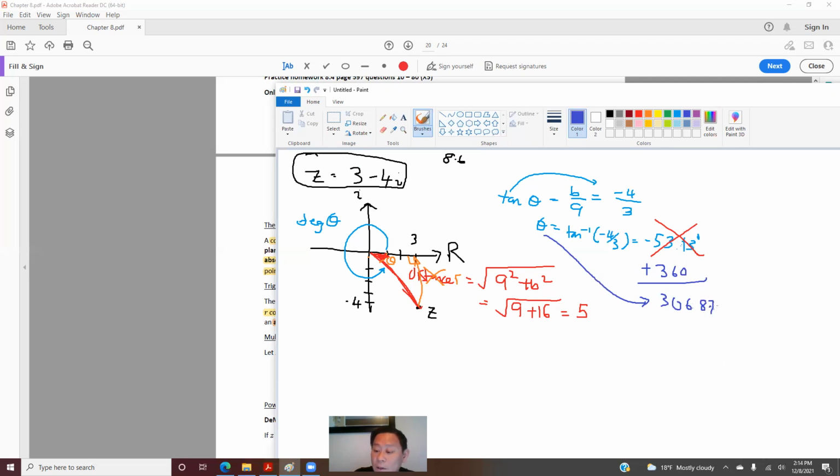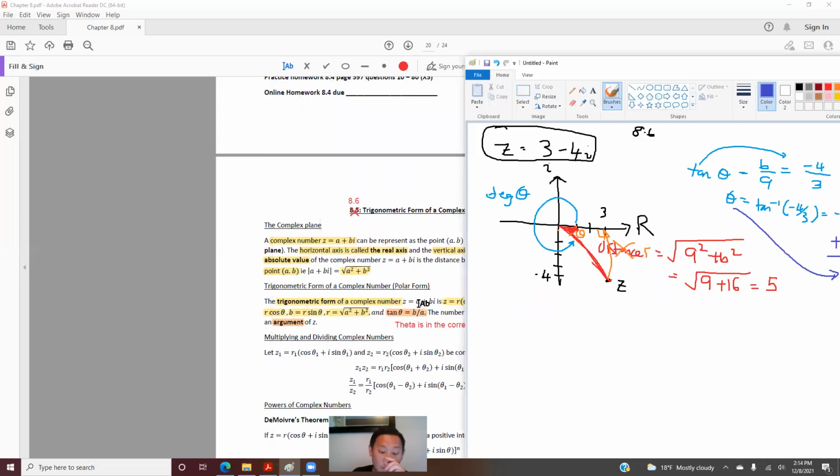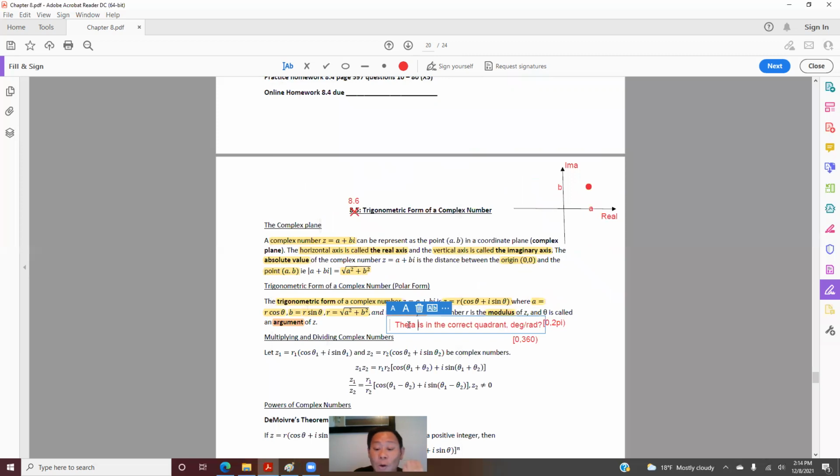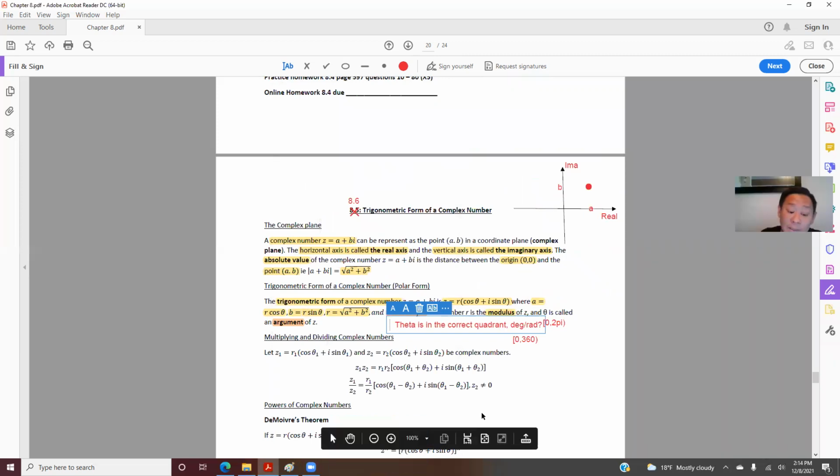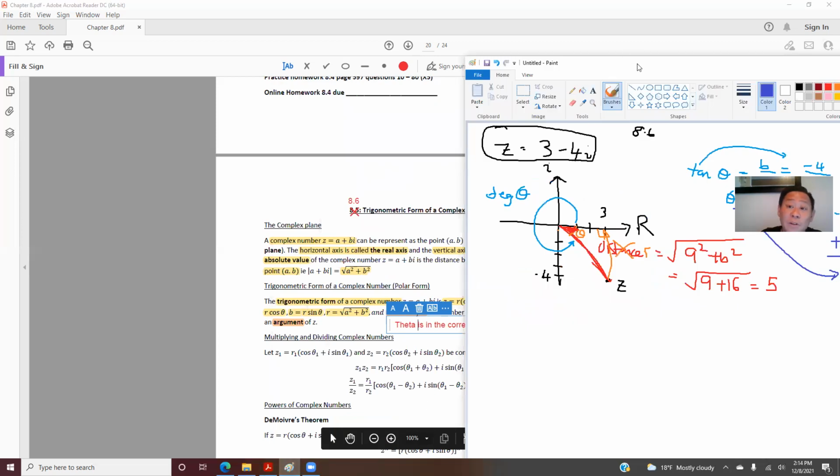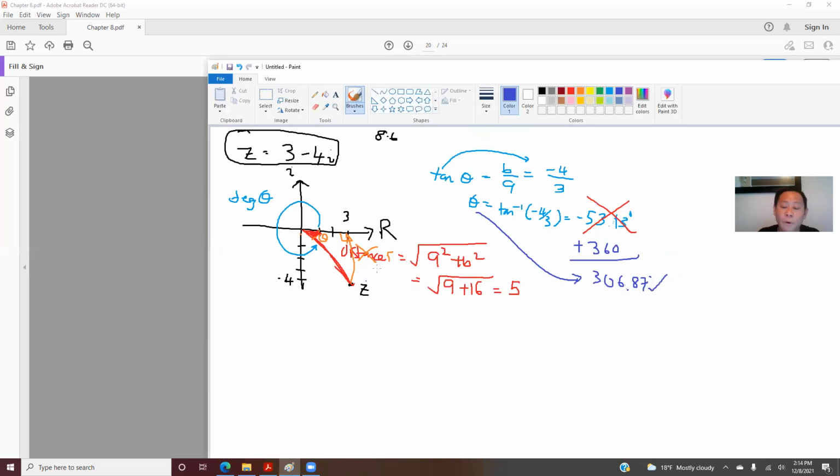So this is the correct degree in this case. Make sure your theta is in the correct quadrant. Sometimes your calculator does not provide the correct quadrant. This is in quadrant 4. Sometimes they give you quadrant 1 or some weird quadrant, so you have to change it back.